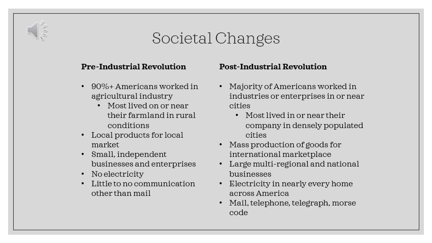There were large multi-regional and national businesses that took over for the small, family-run, independent businesses. Electricity was available in nearly every home and tenement building across America, where communication was made easier with the mail, Pony Express, telephones, telegraphs, and Morse code.